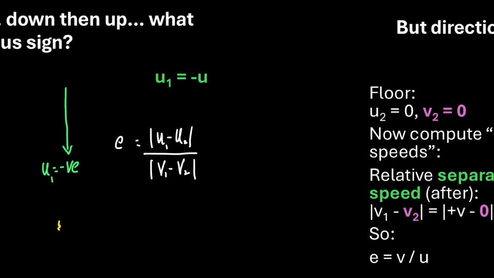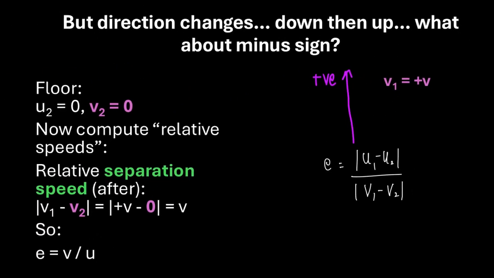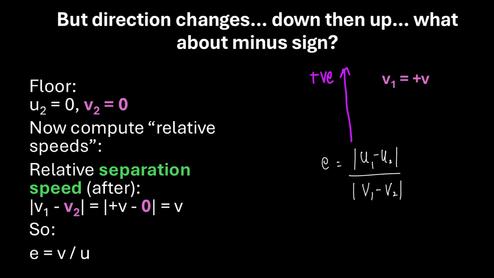For the ball moving upwards, what is the magnitude of relative speed after separation, or after collision? Magnitude of V1 minus V2. What is V2? Equal to 0, because the floor is practically at rest. What is magnitude of V1? V1 is plus V, because the ball is now moving upwards from the floor.